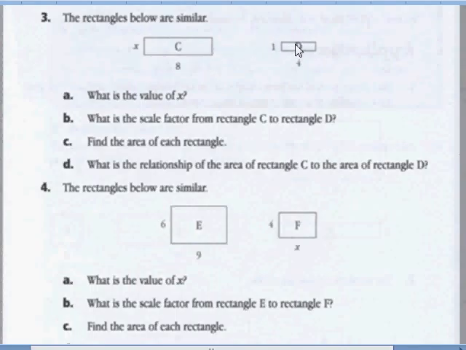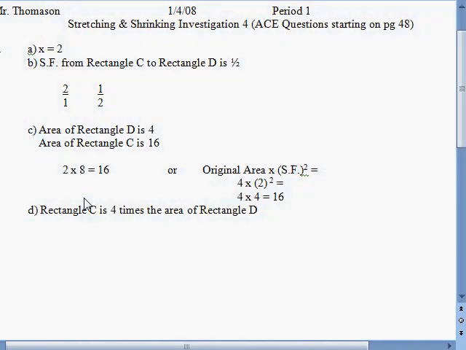So 4 of these will basically fit in this. So you could say C is 4 times the size of D, or D is 1/4 the size of C. But the way they're asking is, what is the relationship of the area of rectangle C to the area of rectangle D? So you would say rectangle C is 4 times the area of rectangle D. So we have our answer, and we are done number 3.